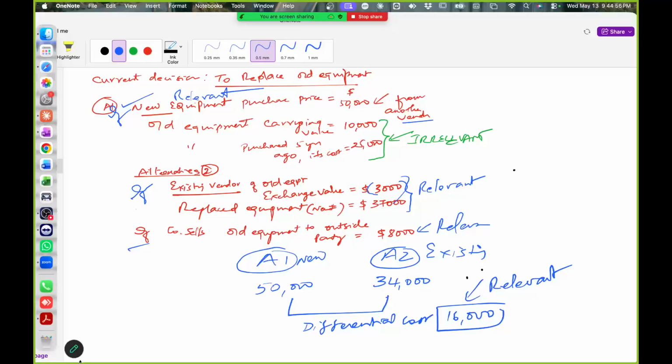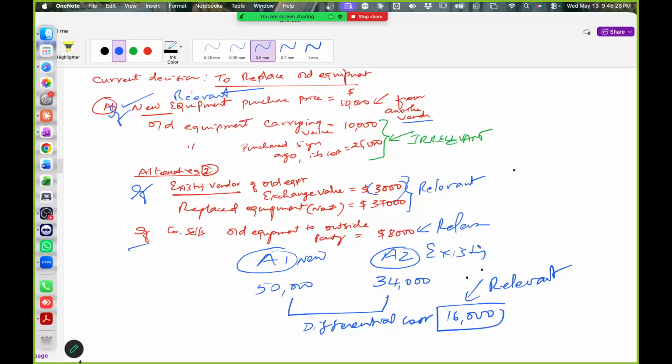The existing vendor is quoting: this is my equipment, if you buy from me, 37,000, but I will exchange it. I will remove everything, I'll take my existing equipment, I'll give you 3,000, so 34,000.